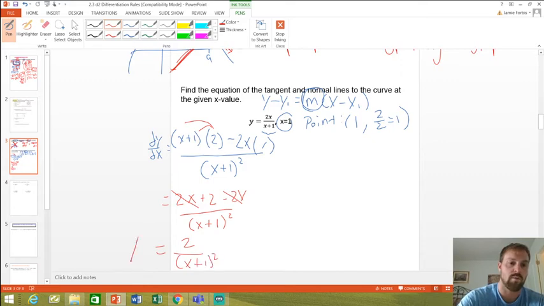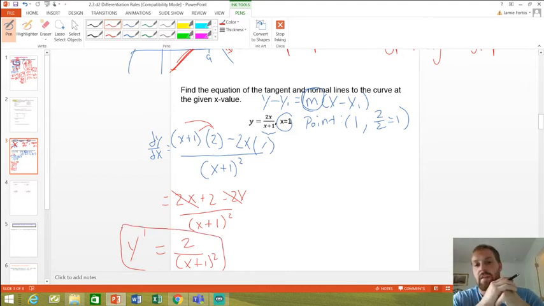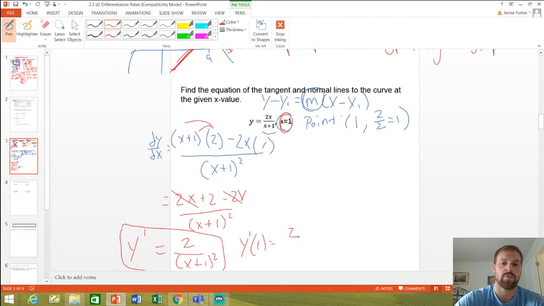So this is my y prime. Okay. Now, that's good and all, but it wants to know what the derivative is in the tangent line at x equals 1. So what we're going to do is plug in y prime of 1, which is equal to 2 over 1 plus 1 squared, or simply 1/2.